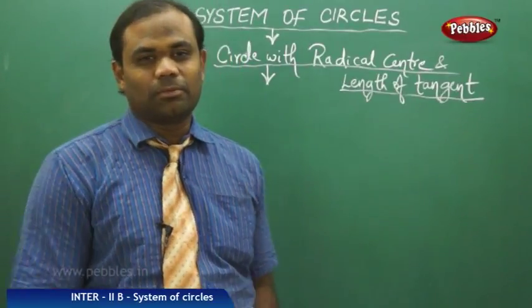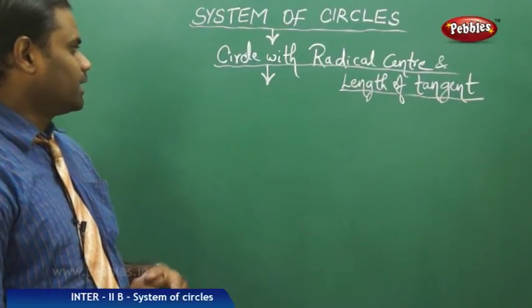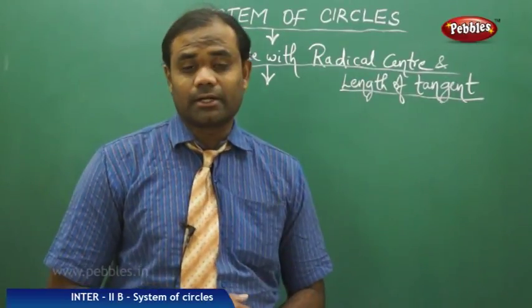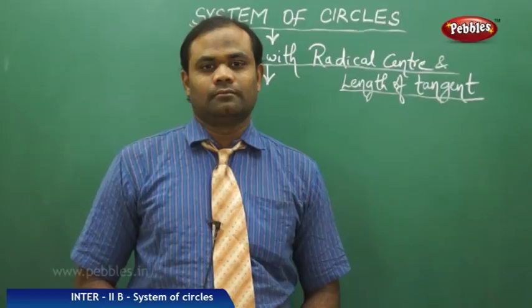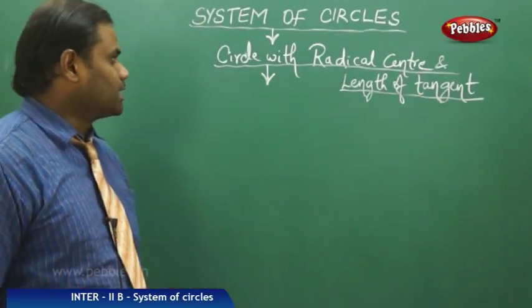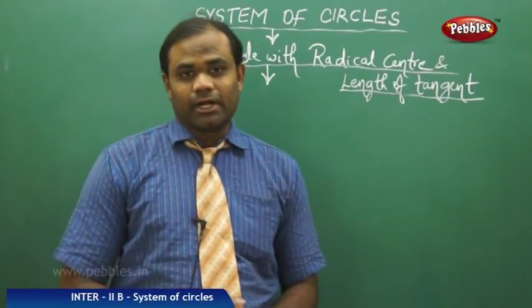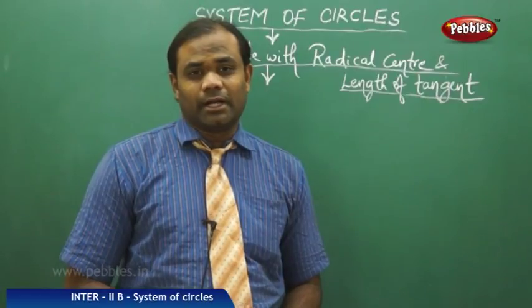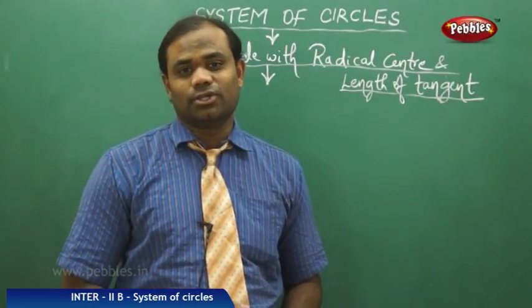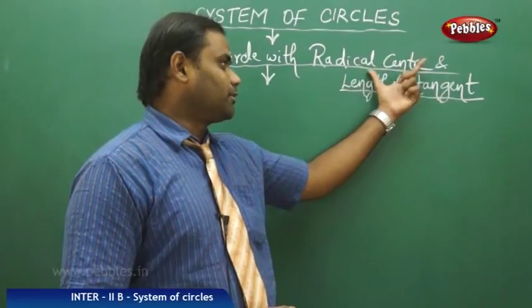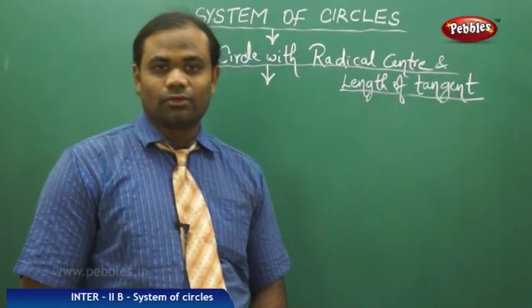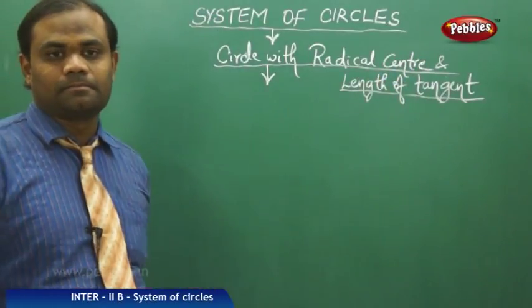Now let's see one of the properties where I can connect the circle with the radical center and length of tangent. Let's see how we can connect the radical center and length of tangent in identifying the geometrical property involved with the circle.